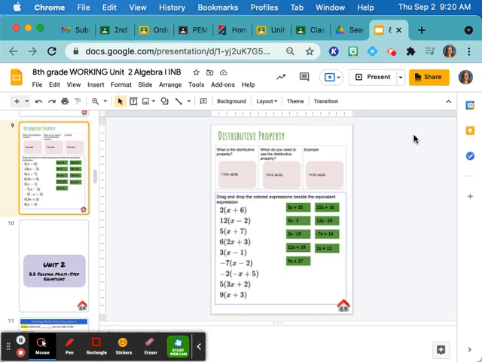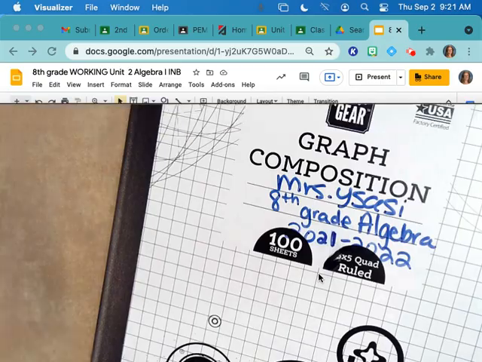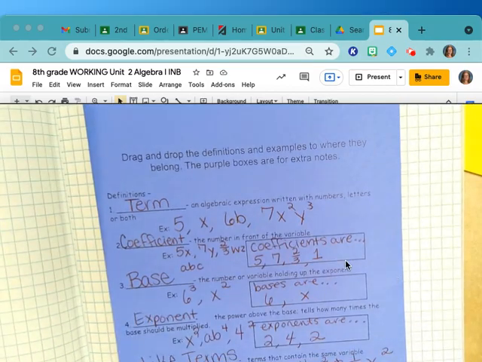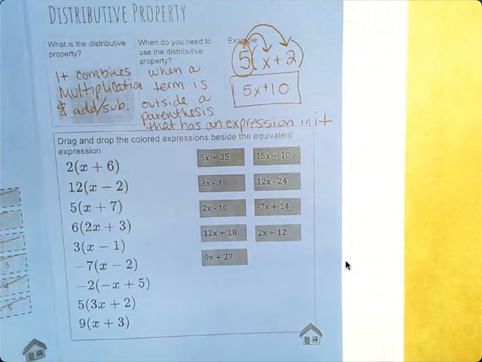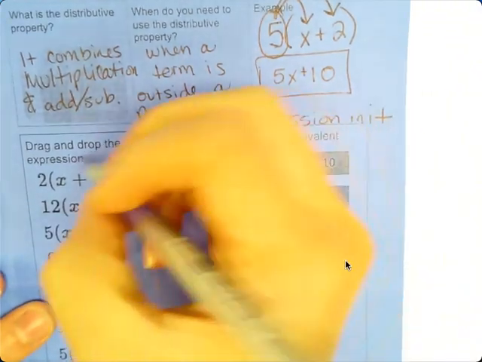Let's finish slide 9. That's where we left off yesterday. So if we go to our notes, we need to look and see if we did the correct work for the distributive property.